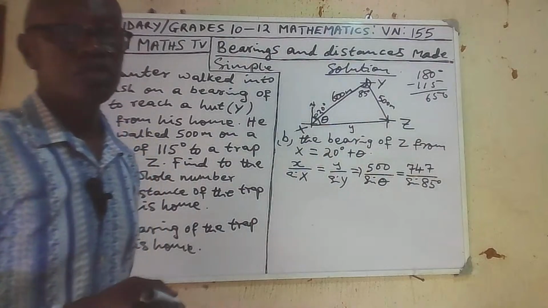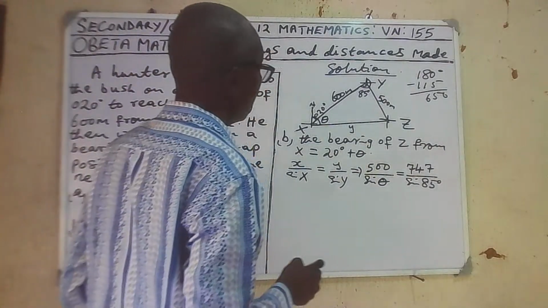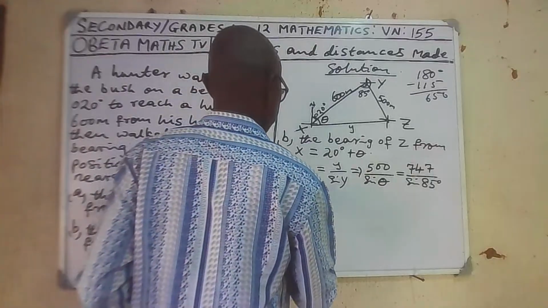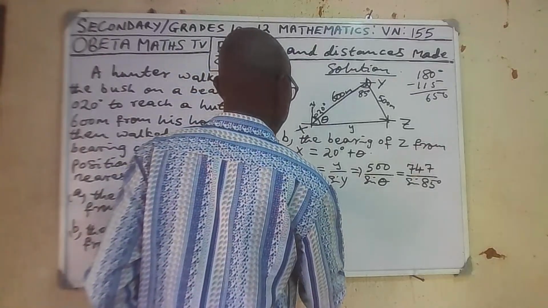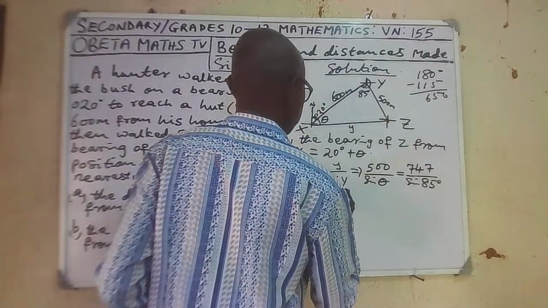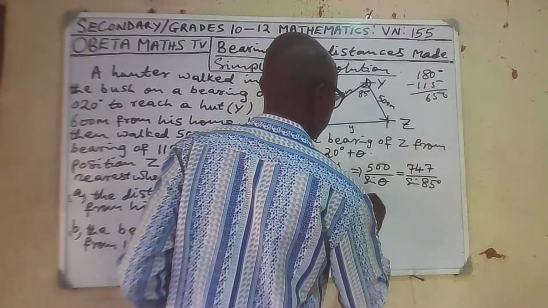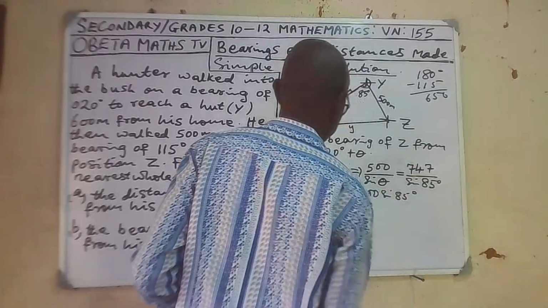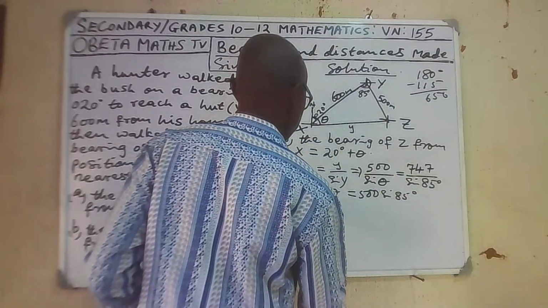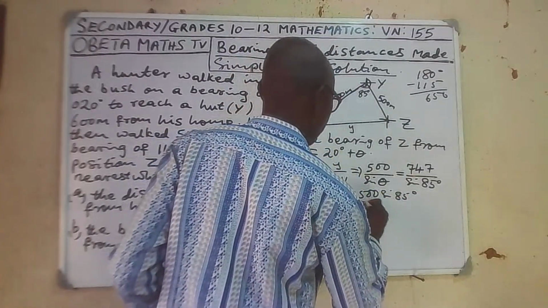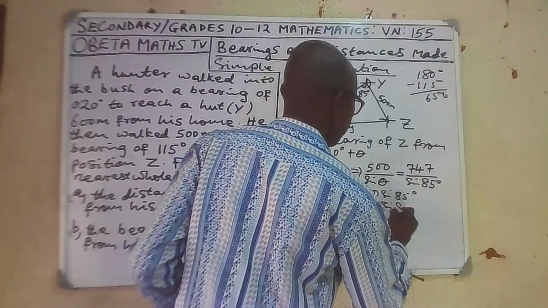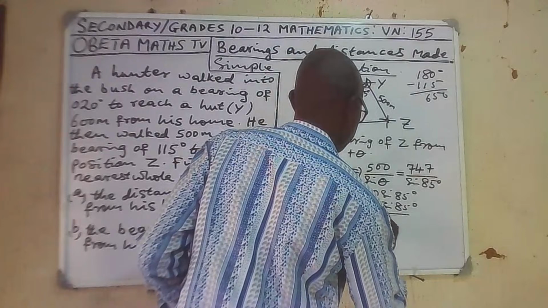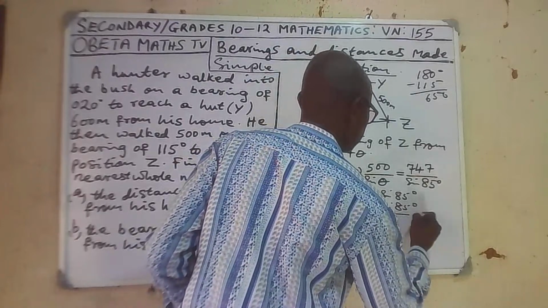Moving on, we have 747 sine theta is equal to 500 sine 85 degrees. Therefore, sine theta should be equal to 500 sine 85 degrees divided by 747.